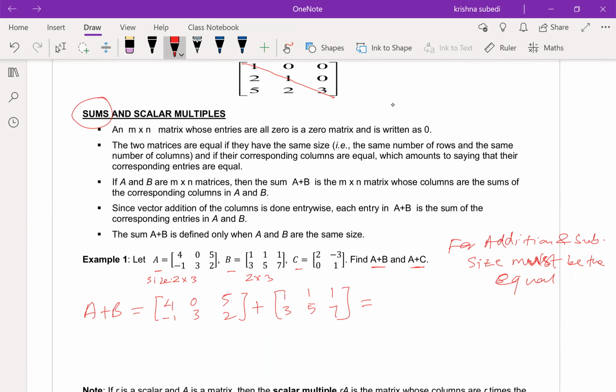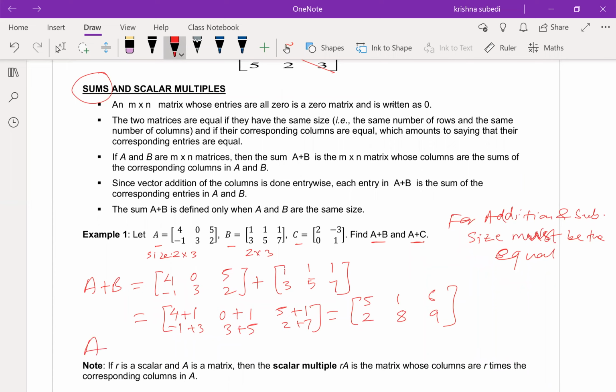We add component-wise. The first row, first column of A is 4 and of B is 1, so 4 plus 1. The second component is 0 plus 1, the third is 5 plus 1, this one is -1 plus 3, this one is 3 plus 5, and this one is 2 plus 7. Altogether you get 5, 1, 6, and 2, 8, 9. That is the sum of A plus B.